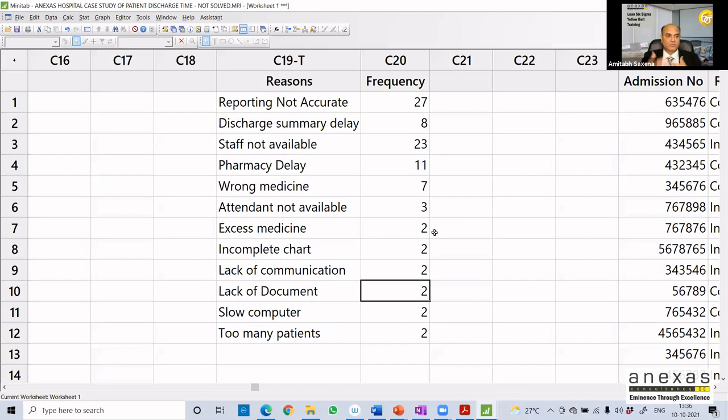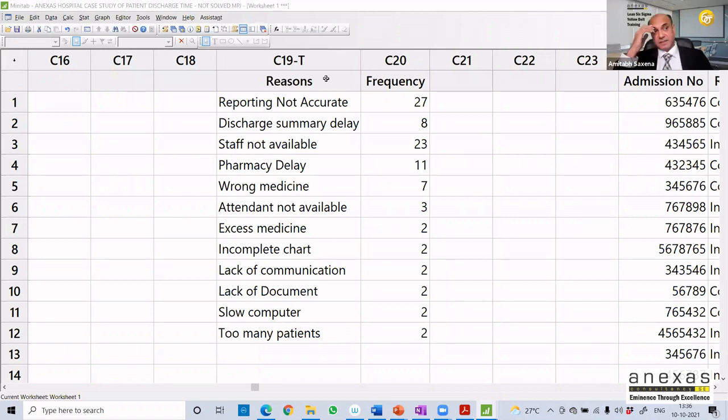There are some other tools also which you can apply, which I'm not, of course, touching upon right now, something like a scatter plot or box plot.